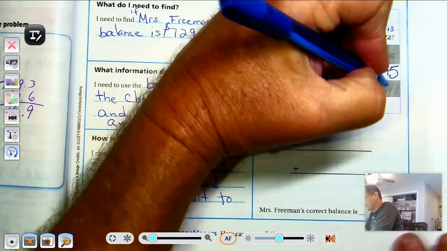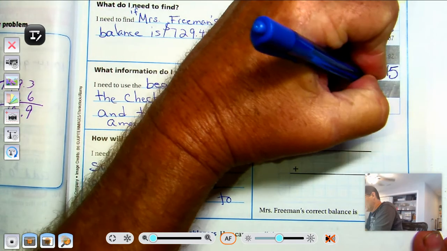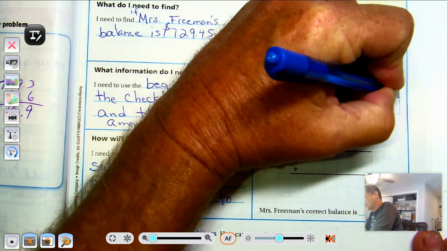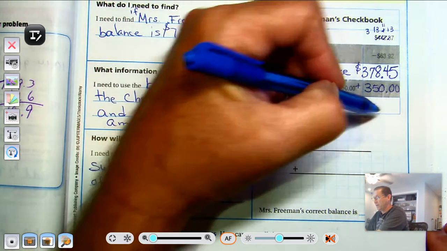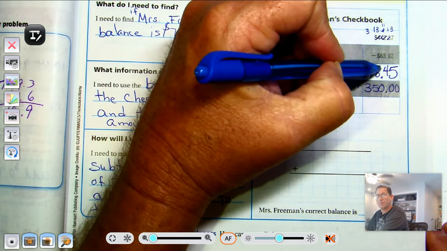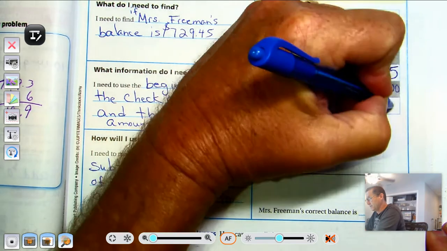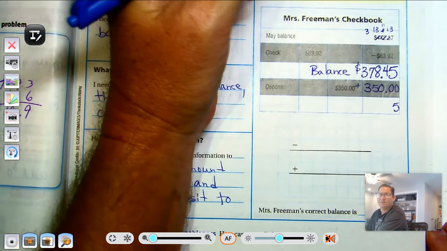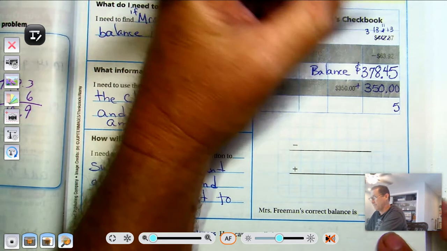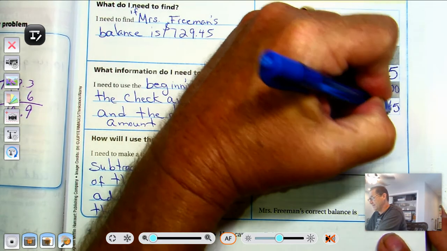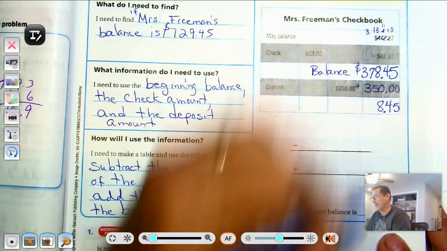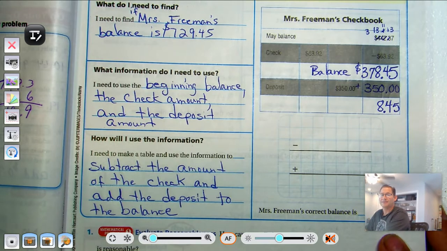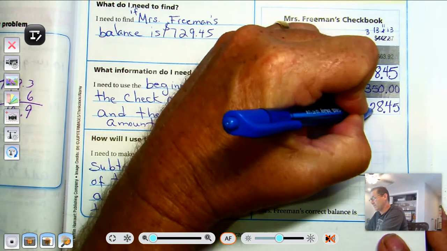And then we had a deposit, and we said deposits are added to our account. Okay, so $378.45 plus $350. So 5 plus nothing is 5. 4 tenths plus nothing is 4 tenths. 8 ones plus 0 ones is 8. 7 tens plus 5 tens is 12 tens.